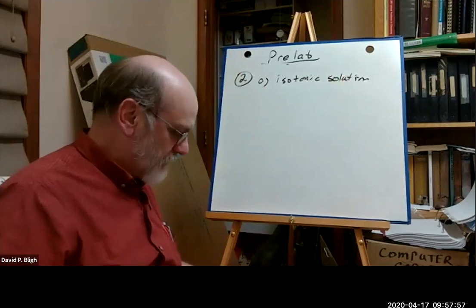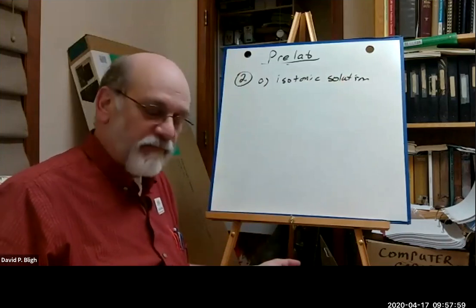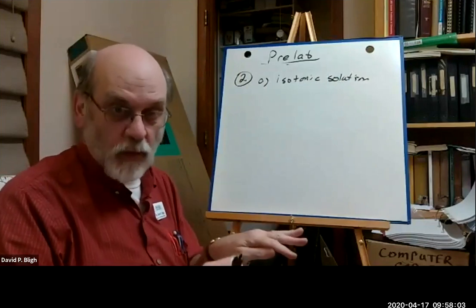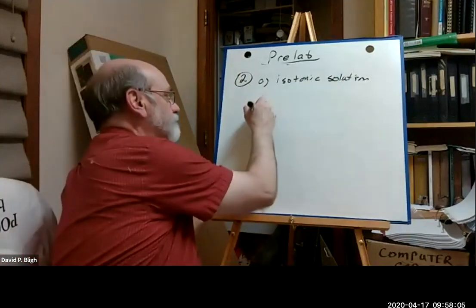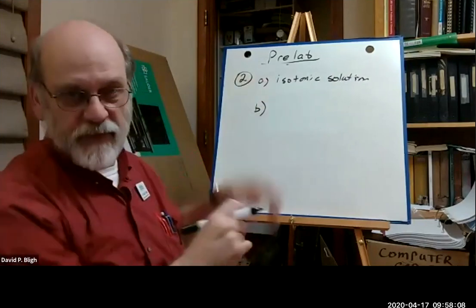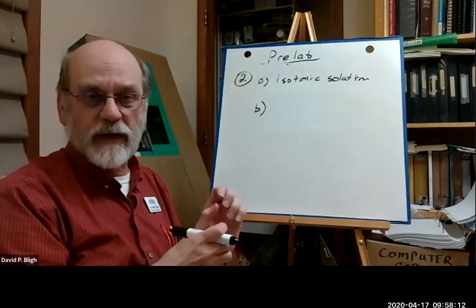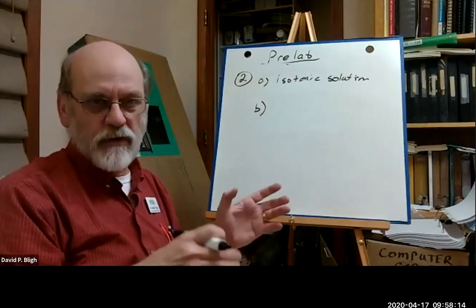So you're saying that when the solutions are compared, the solute concentrations are equal. I'm not going to write that up there because you have ears. And if all goes well, I'll have this video closed captioned.